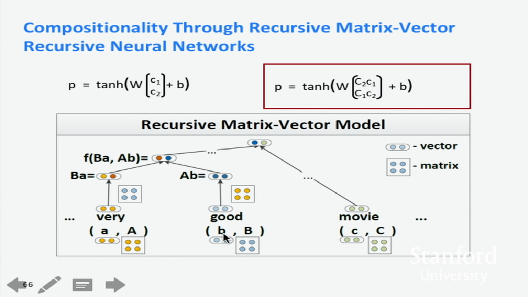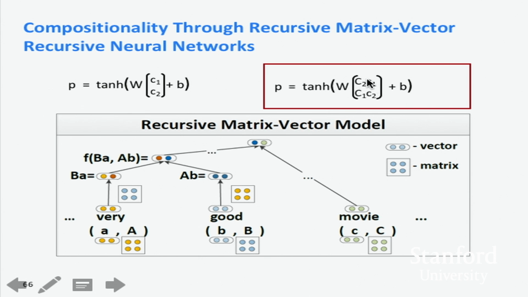To compute a representation of the phrase very good, we're going to multiply the vector by the matrix, so big A with little b, and big B by little a.